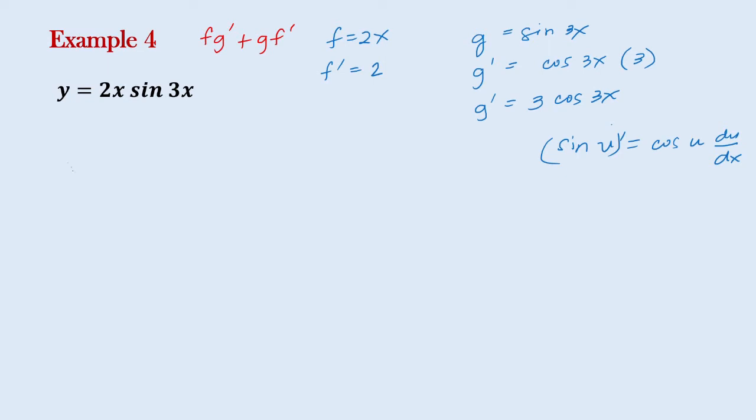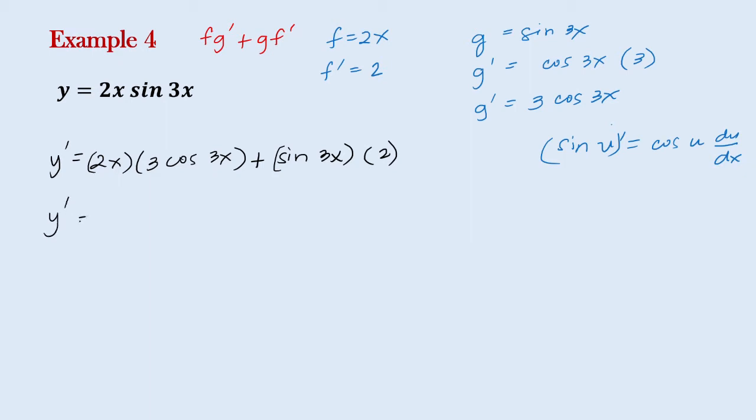So applying the product rule, we have y prime is equal to f, which is 2x, times g prime, 3 cosine of 3x, plus g, sine 3x, times f prime, which is 2.